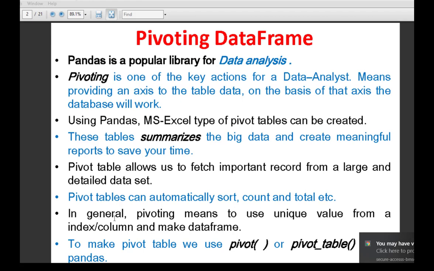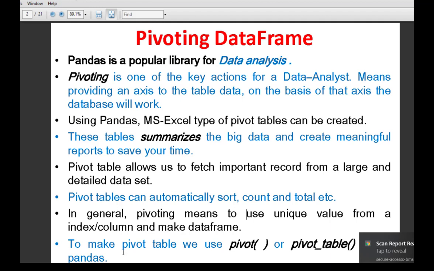In general, pivoting means to use unique values from an index column and make a data frame. So we will use some column, and according to that column we can frame out our data.